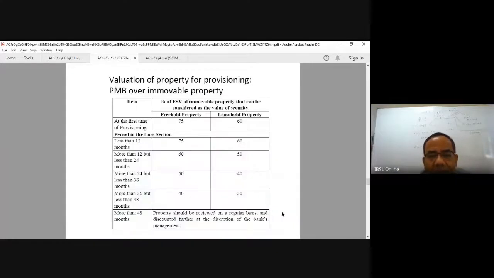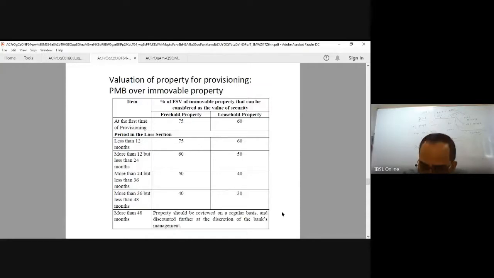Now let us say it is in the loss section, right?